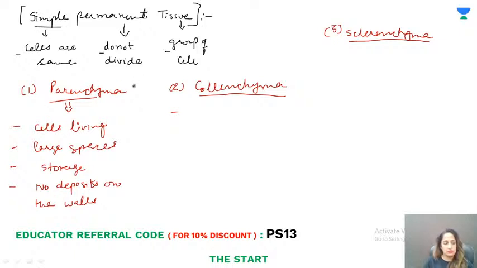Okay, so here we have collenchyma. They are closely packed, just like parenchyma. Parenchyma, as I said, have large spaces between them. Collenchyma are closely packed, no large spaces.